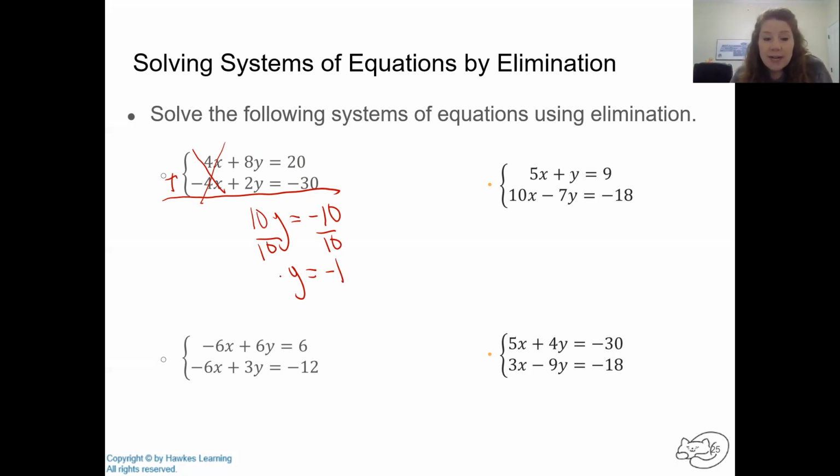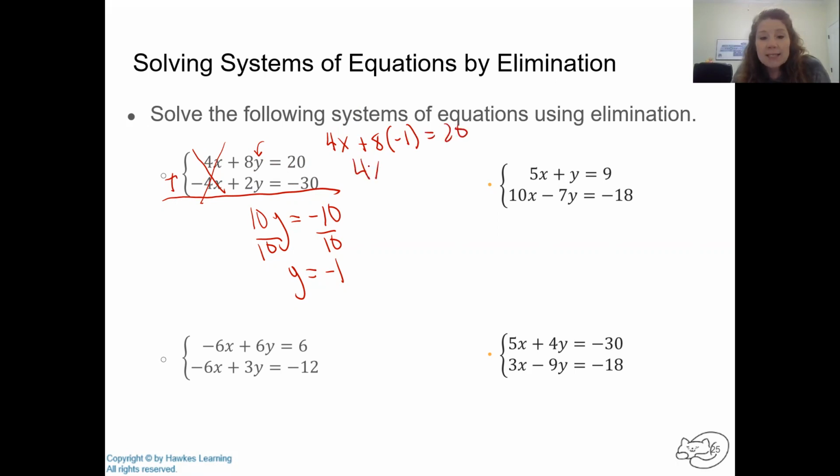But now I have to solve for x. So I'm going to take -1 and plug it into either one of these equations. It doesn't matter which one, so I'll just do the top one. I'm substituting for y because that's what I solved for, right? So on the top equation, I'm going to bring down 4x plus 8 times -1 equals 20.